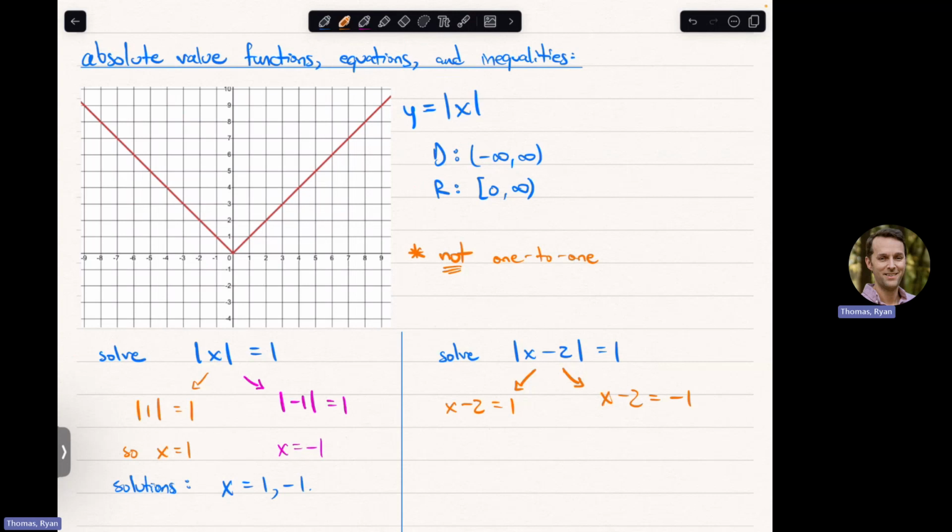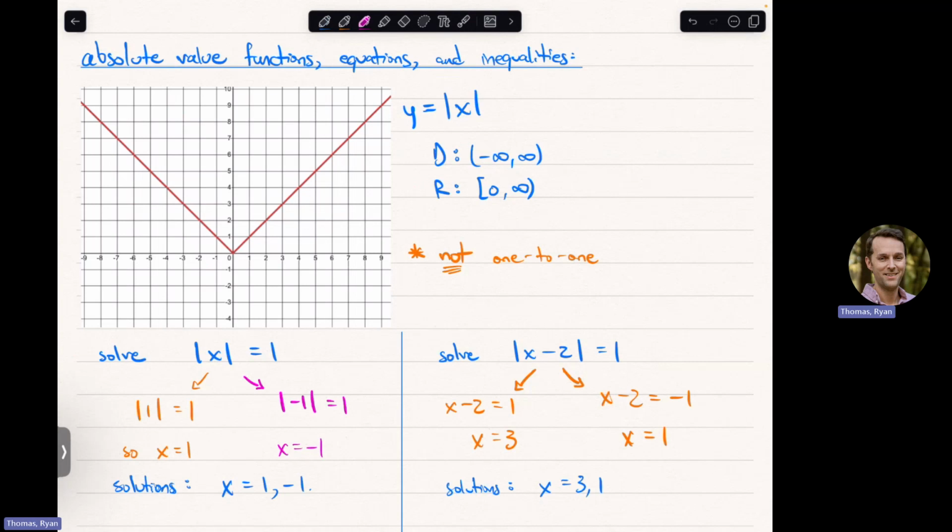Well, if x minus 2 is 1, then x itself would have to be 3. And if x minus 2 is -1, x itself would have to be +1. So again, there are two possible solutions. x could either be 3 or 1.